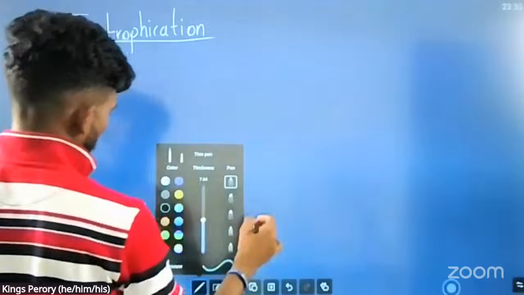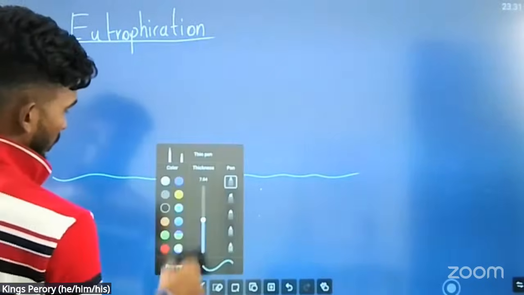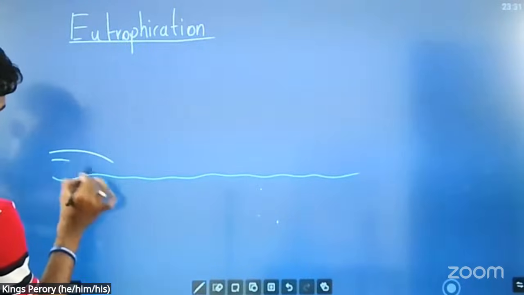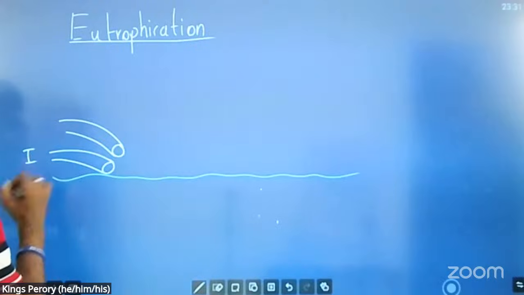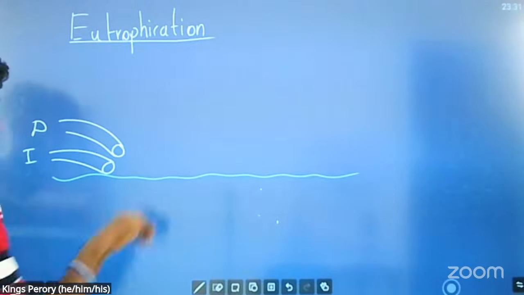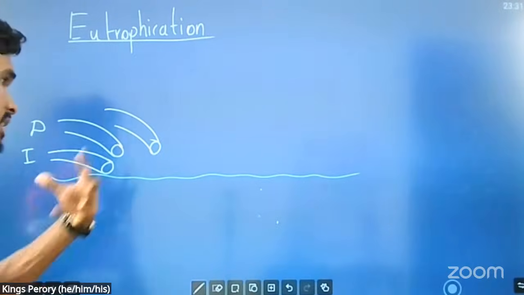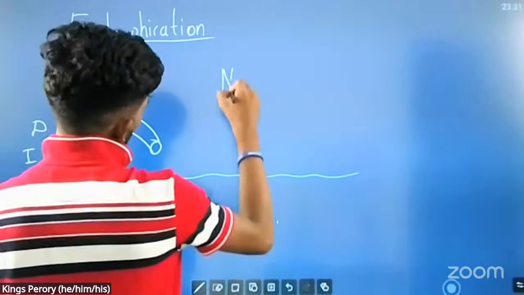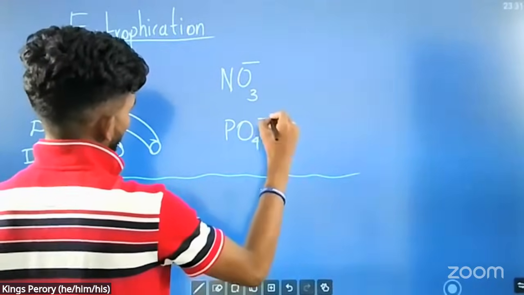What is this eutrophication? You have a beautiful waterway. To this waterway or water body, you are releasing industrial waste, domestic waste, detergents, all those wastes. These wastes have nitrate and phosphate.